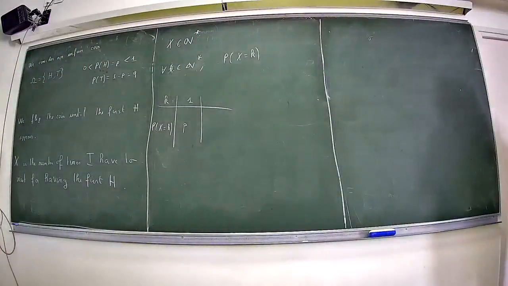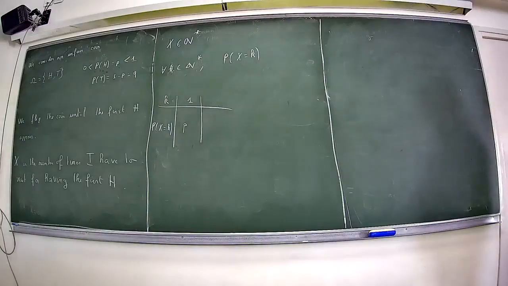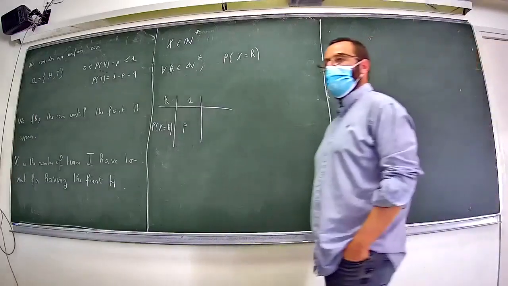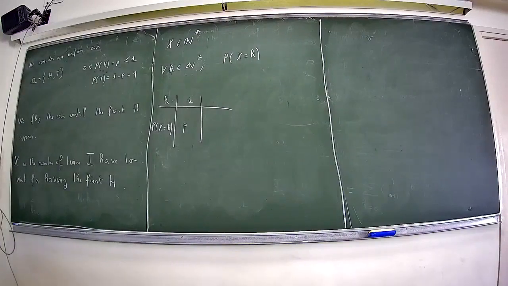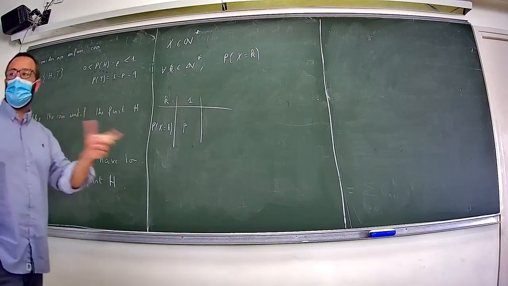What is the probability that x is equal to 2? It means that I obtain tail on the first toss and head on the second. When I say that I flip a coin several times, in general the tosses are independent.